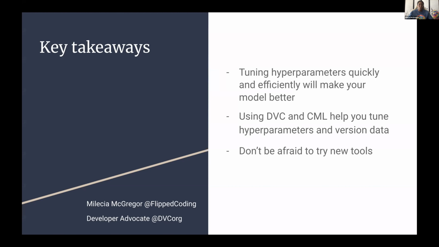You don't need to make your own tooling on top of making the models, on top of handling the data engineering, on top of all the other stuff that we have to do. That is why it's okay to try new tools. Honestly, if you do use MLflow, I challenge you to check out DVC and see if it might fit your needs. But with that being said, I'm going to wrap up.